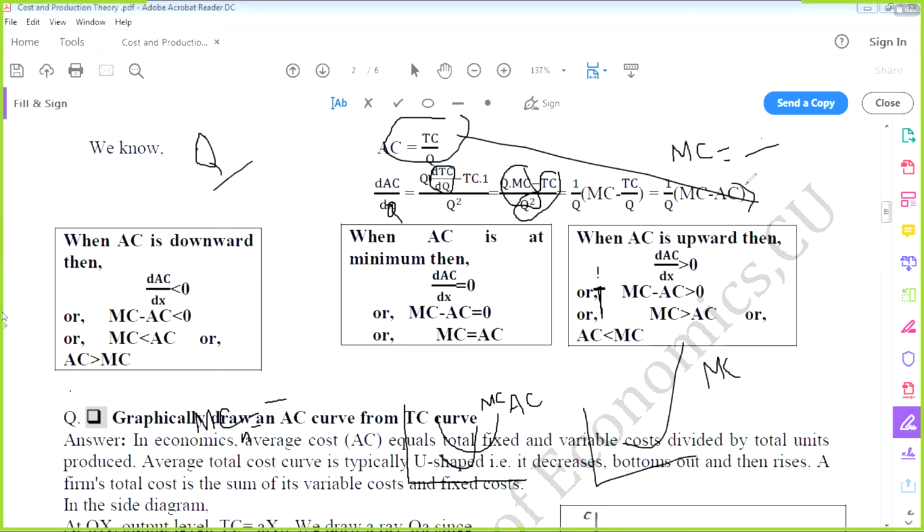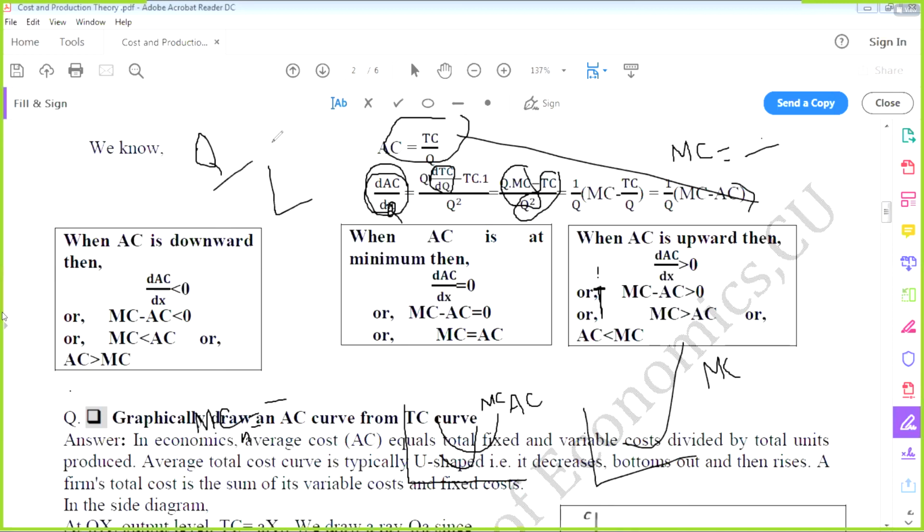Look, what is the meaning of this differentiation? Change in average cost, isn't it? Due to the change in output, in respect of Q. Now tell me, with respect to Q, that means the change in output. Make it clear. What is slope?